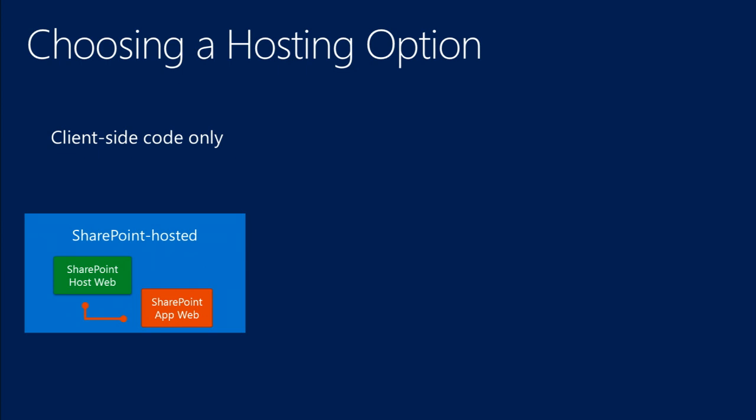What that allows you to do is actually host that content on SharePoint itself. Sounds very similar to the way you've done farm solutions and sandbox solutions in the past. But the key difference with the SharePoint hosted model versus the models that you've used in the past is you can no longer store server code on SharePoint itself. You can no longer have it executing and running on SharePoint itself.